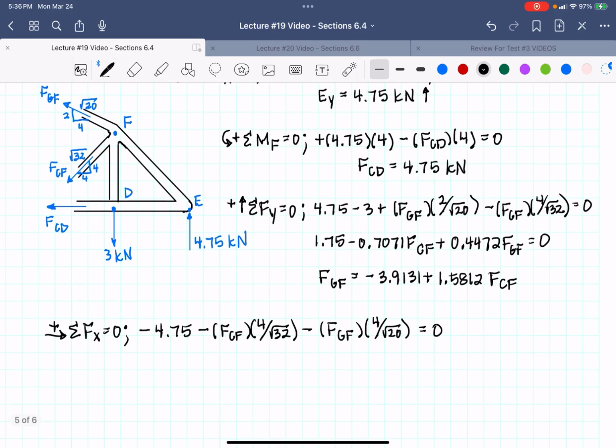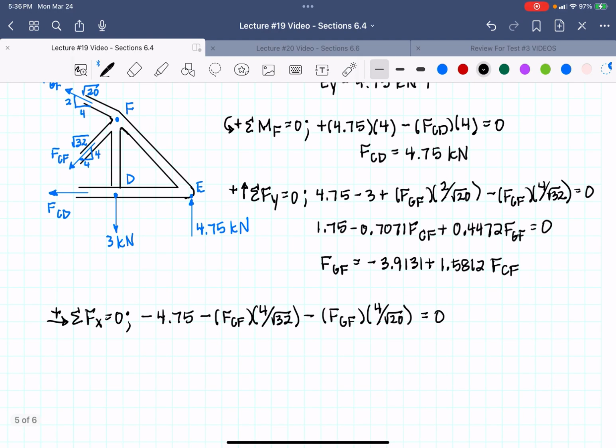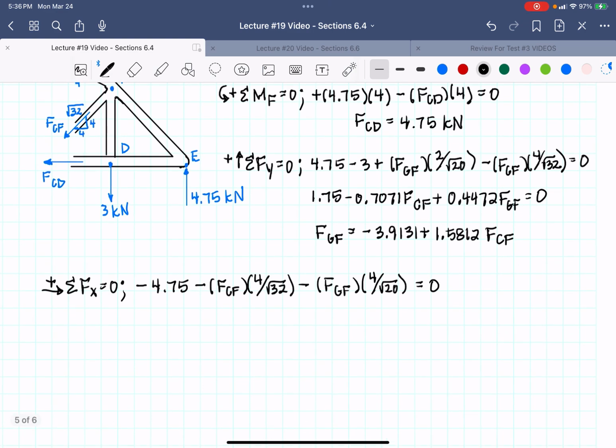So I'm going to work that all out. I'm going to substitute in my FGF with the component of FCF. I can write all that down. That's a lot of writing. So I'm just going to go to the end. And so it's going to look like when I plug FGF in here, so I only have FCF.